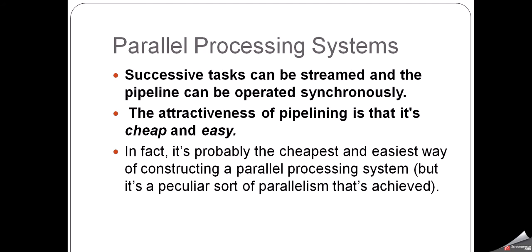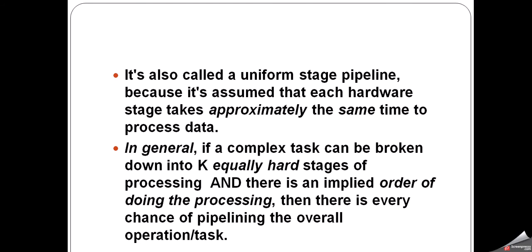It's also called a uniform stage pipeline because it's assumed that each hardware stage takes approximately the same time to process data. And in general terms, and this is quite an important consideration, if a complex task, whatever that task is, can be broken down into K equally hard stages of processing, and there is an implied order of doing the processing, then there is every possibility of pipelining the overall operation or task.